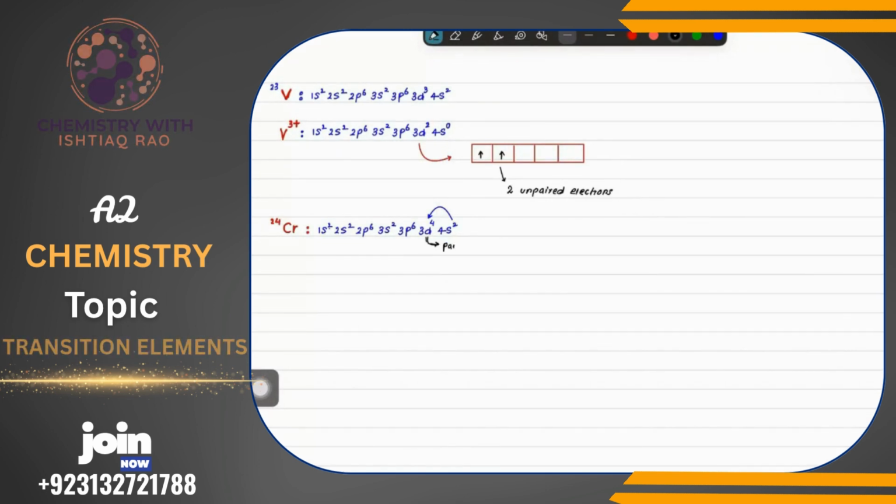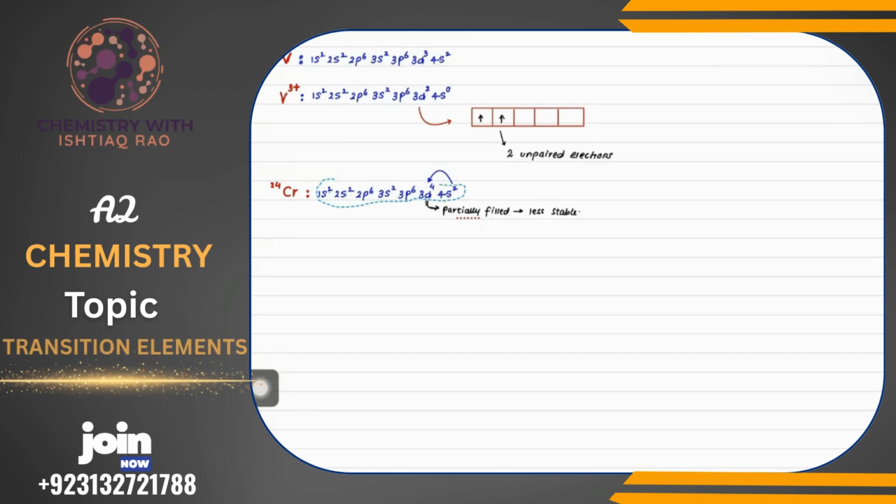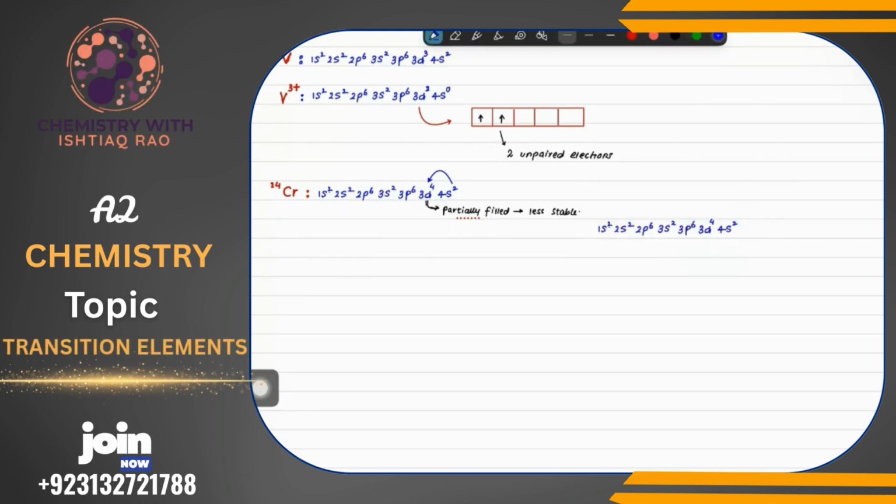This is partially filled, which is going to be less stable. So that's the reason, after donating one electron, the configuration of chromium is going to be 4s1 and 3d5. Now you can check it.